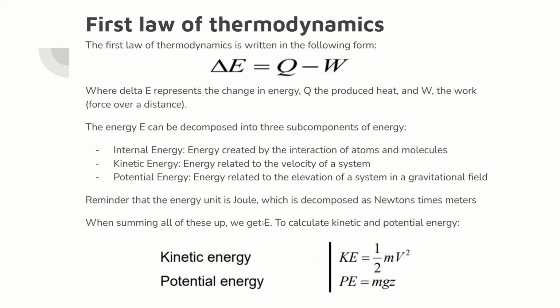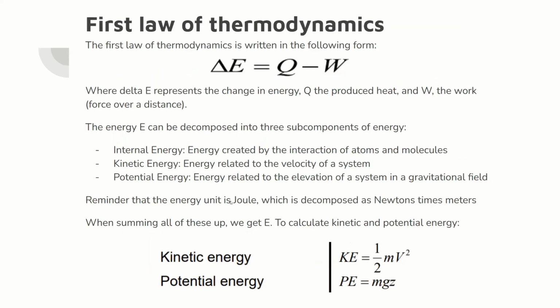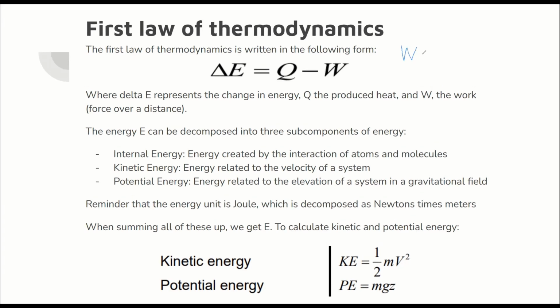Energy unit is the joule, and a joule can be decomposed into newtons times meters. If you were to take work as an example, the equation for work most of the time is a force, usually in vector form, times the distance that you're covering.